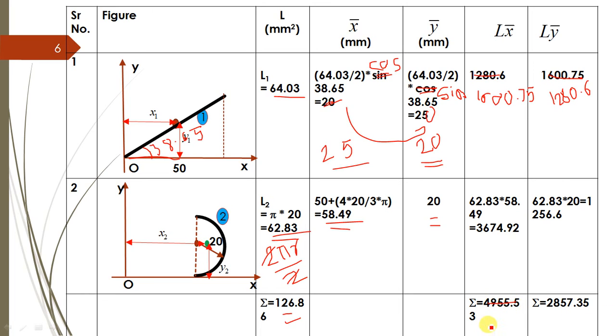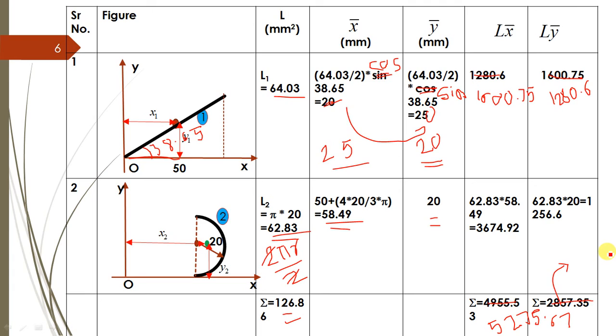Make the correction over there. This is your Lx. Ly also changes, as I made a mistake over there.